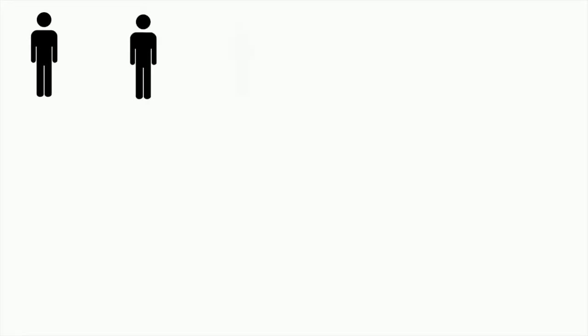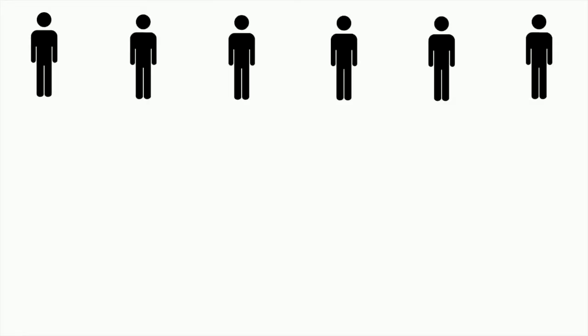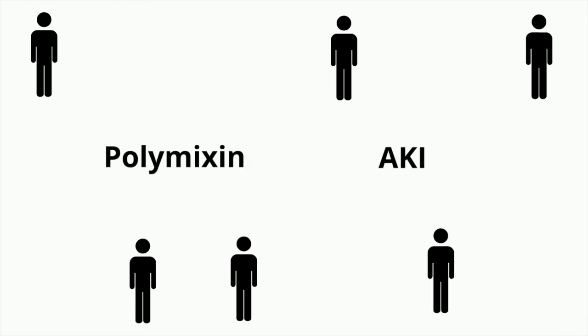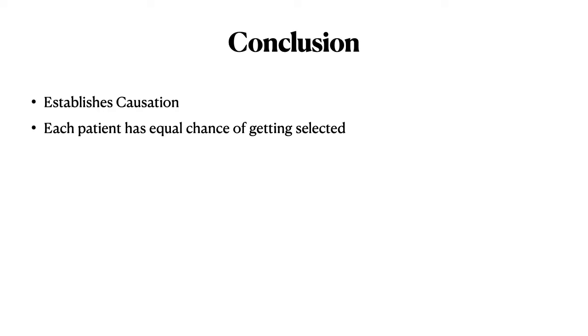Now let's take an example of an interventional study. Again, 6 patients admitted to the ICU, we give them polymyxin and look for AKI. But here we randomly assign the patients, with each patient having equal chance of getting selected to the interventional group. So what was the conclusion in this study?